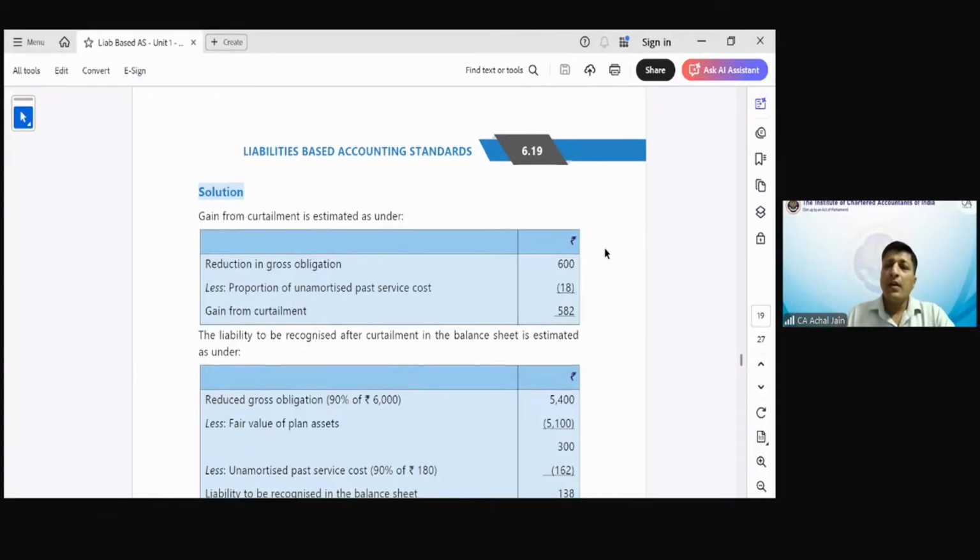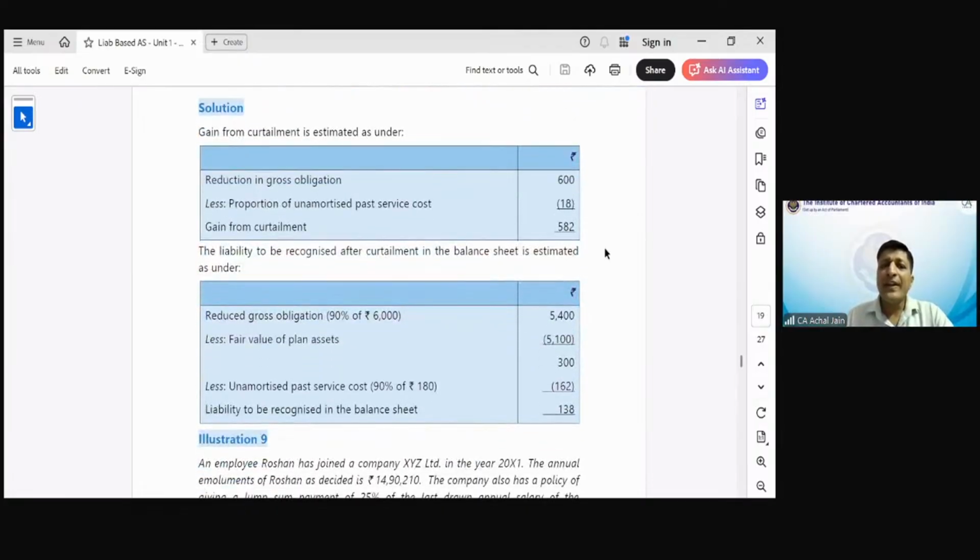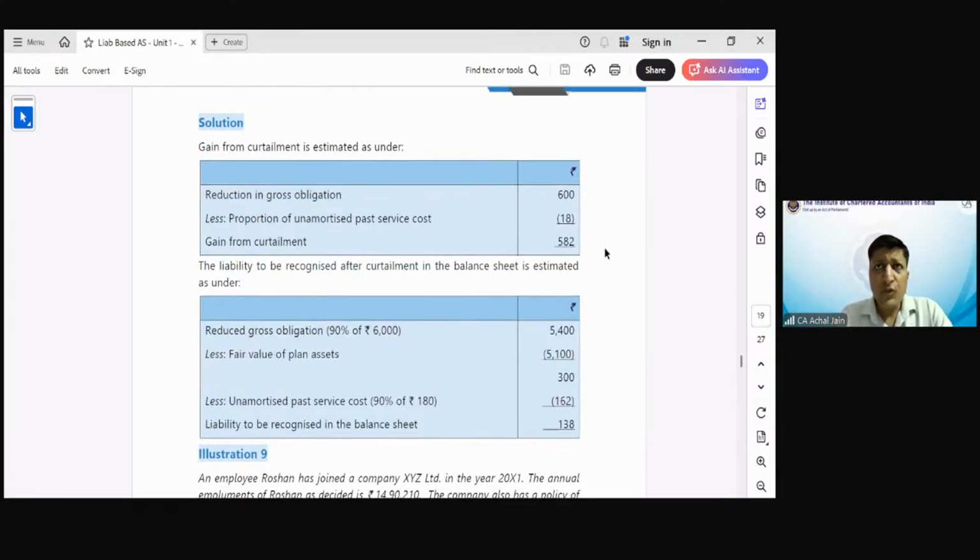If you look at the liability to be recognized, we understand the liability is already reduced by 10%. Correct. After reduction of 10%, we are left with 5,400.